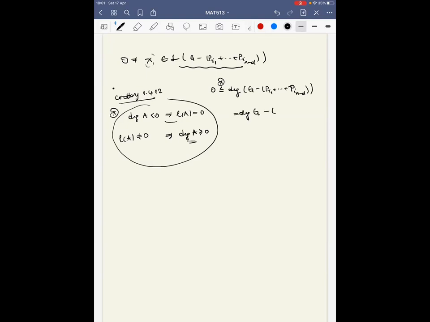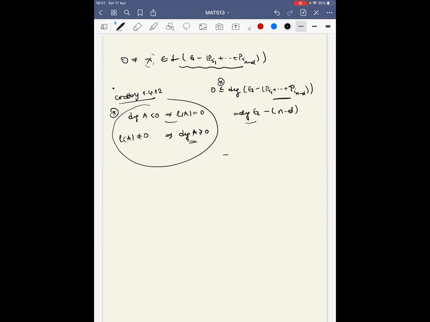And the degree of the difference of these two divisors is the degree of G minus the degree of the sum of these rational places. We have all of them rational, and in total we have n minus d distinct places.